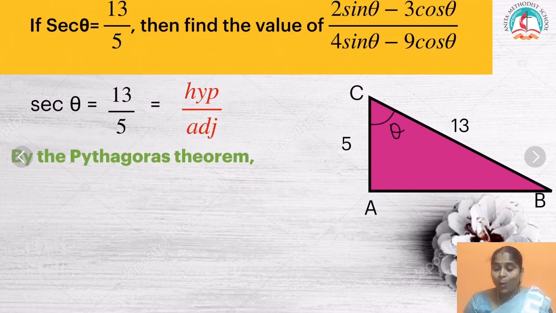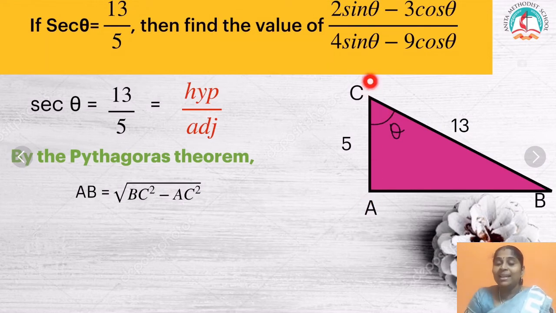So now AB is equal to square root of BC square minus AC square. When you are finding the hypotenuse, add the two sides. When you are finding the other side, opposite or adjacent, you need to subtract from the hypotenuse. So BC square minus AC square.